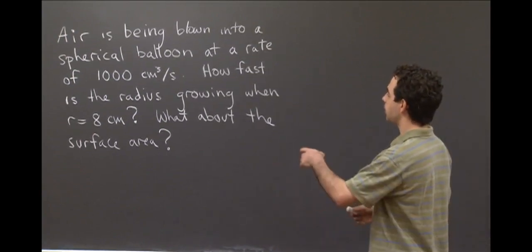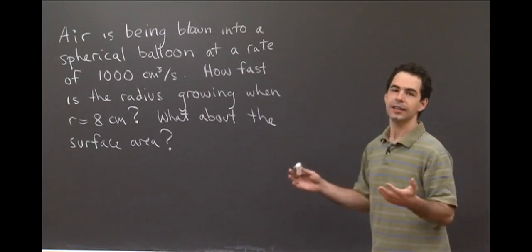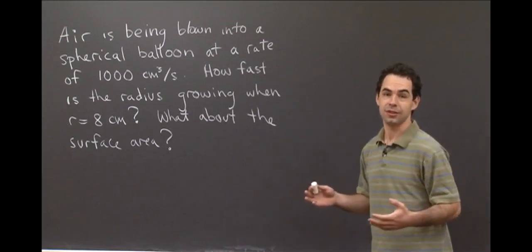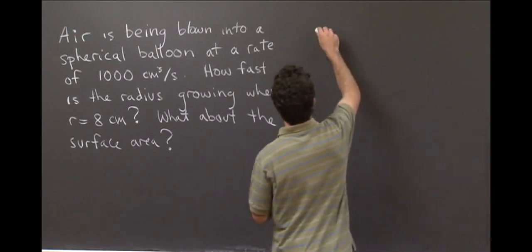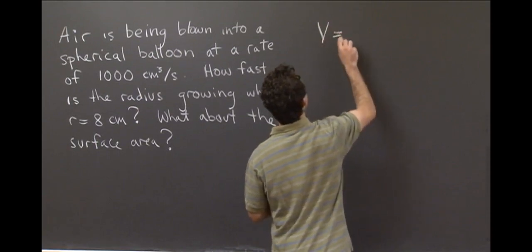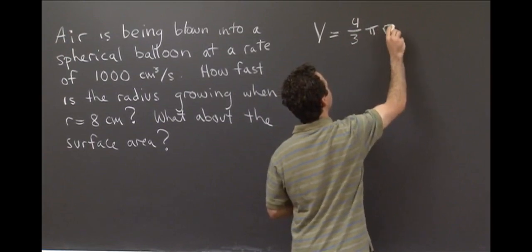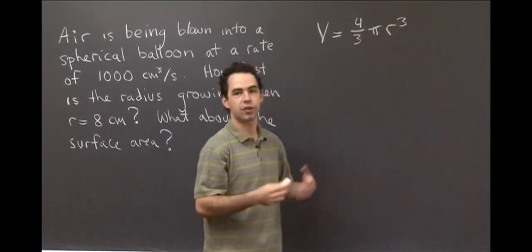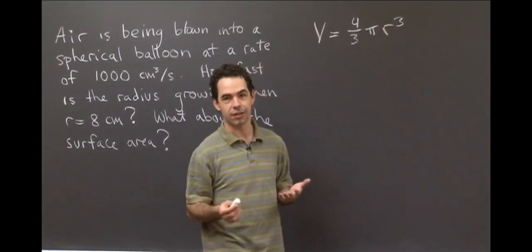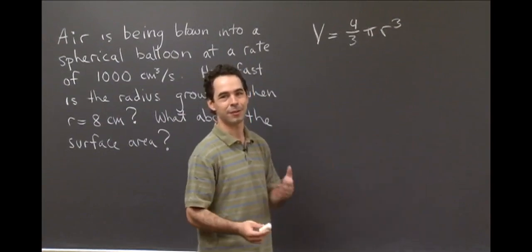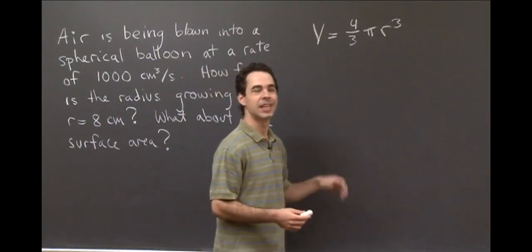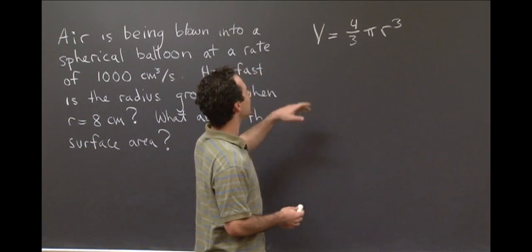For a sphere, the setup's not so bad for this first one. We know that for a sphere, the volume is equal to 4/3 pi times the radius cubed. That's the fundamental relationship between the volume and radius of a sphere, and it's true for every sphere everywhere in Euclidean space.